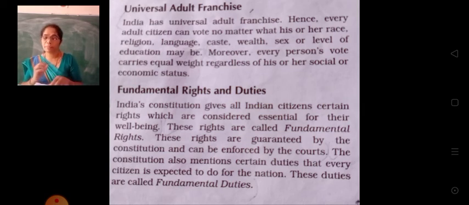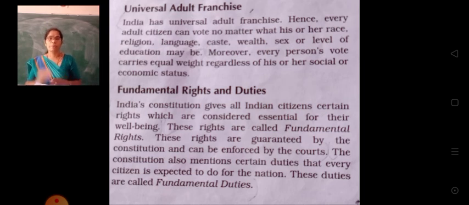No matter what a person's race, sex, religion, language, caste, wealth or level of education, those who have completed 18 years of age have the right to vote.